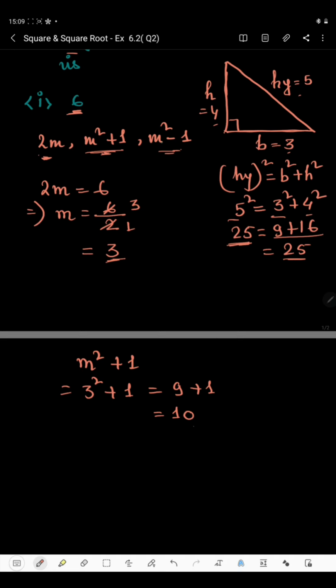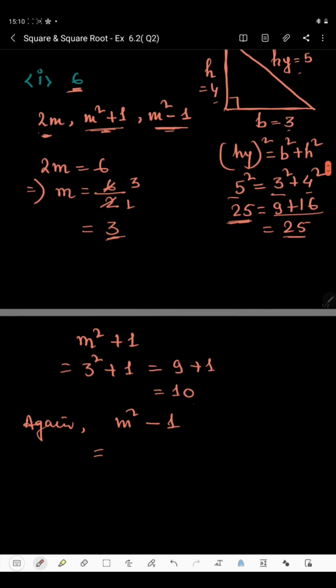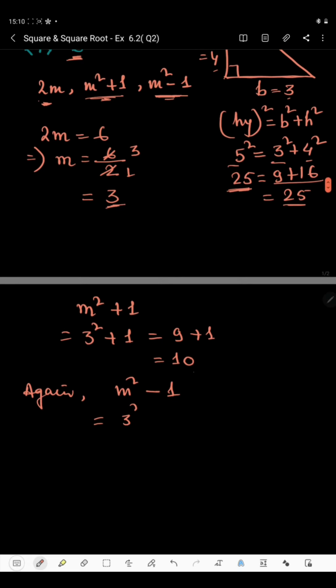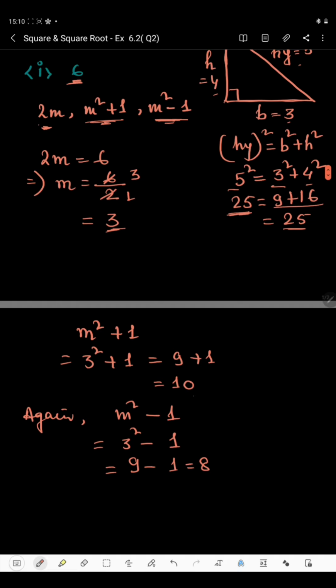Now we will have to find the third member. The third member is m square minus 1. So the value of m is 3. So 3 square minus 1. So 3 square means 9, 9 minus 1, 8. So the 3 members of Pythagorean triplet are 6, which is given in the question, and 10 and 8.